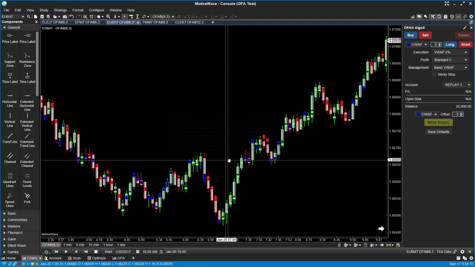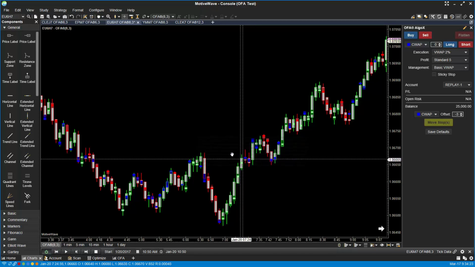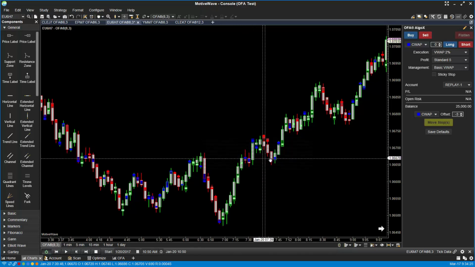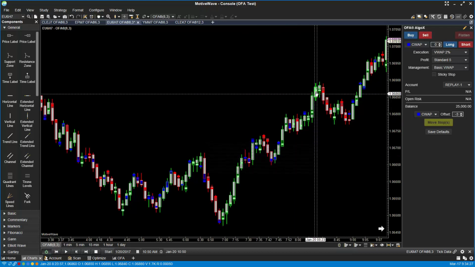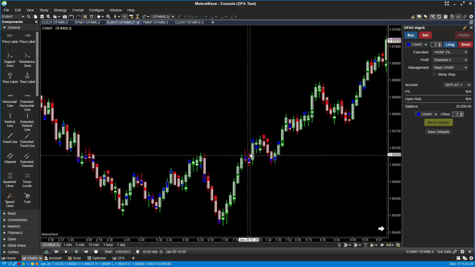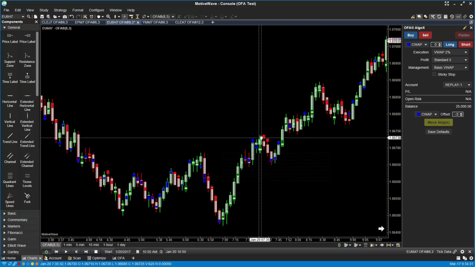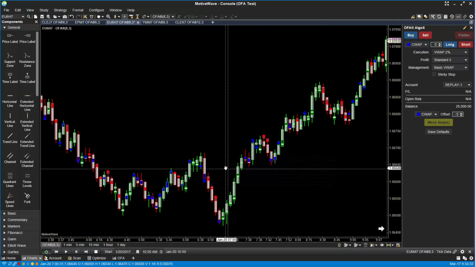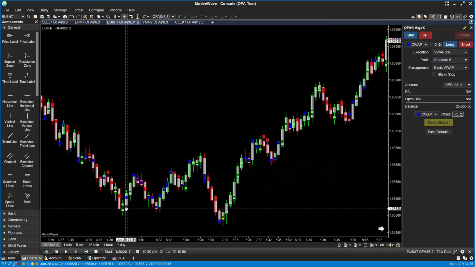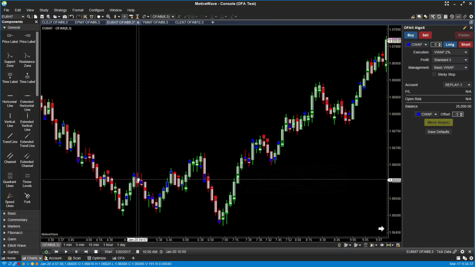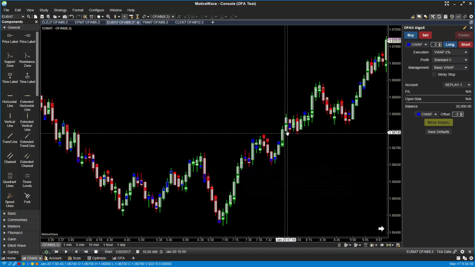And for us to be able to recognize that the market is no longer just trending straight down, we can start to see things like, well, here we're breaking up and we're beginning to move up the other direction. So when we see the market making higher highs and higher lows as opposed to lower lows and lower highs, we know that there's potentially an opportunity for a trend trade.